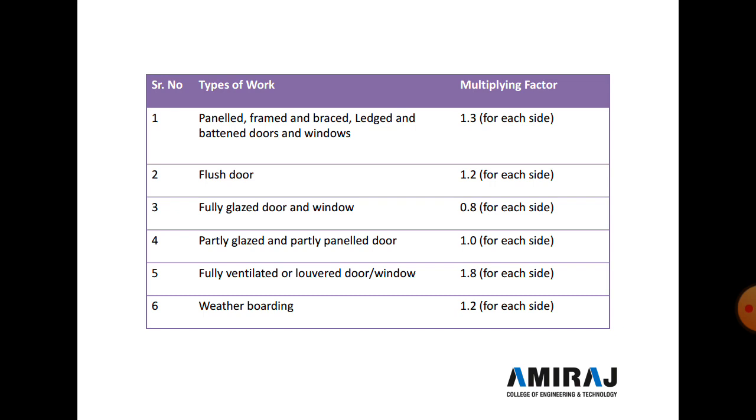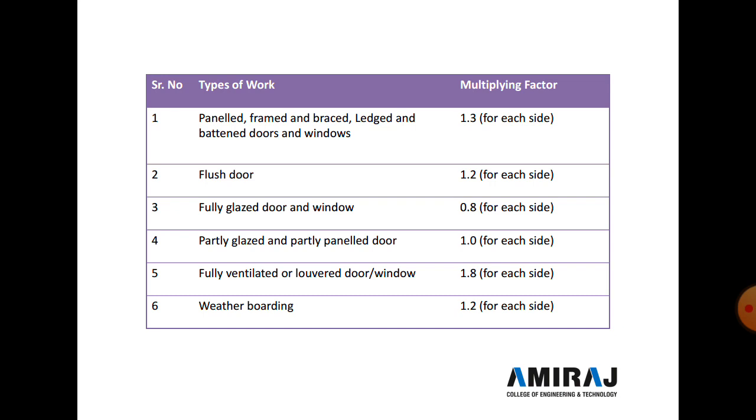The first type of work is panelled, framed and braced, ledged and battened door and window, with a multiplying factor of 1.3. Next is the flush door, with a multiplying factor of 1.2 for each side. Next is flush, fully glazed door and window, with a factor of 0.8 for each side.